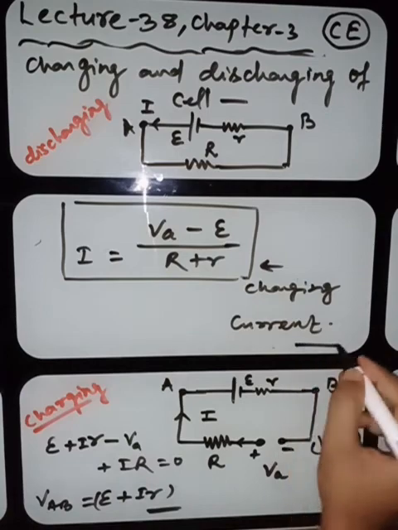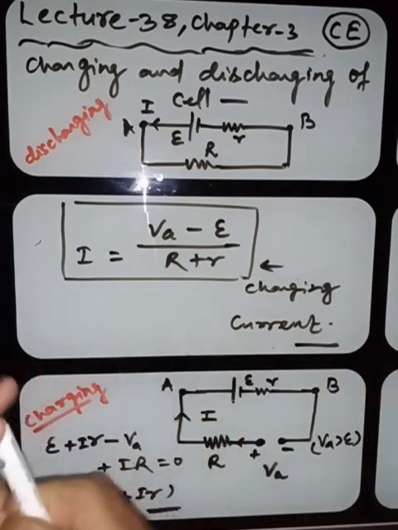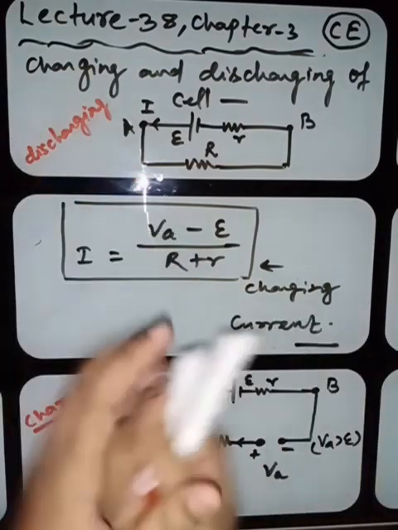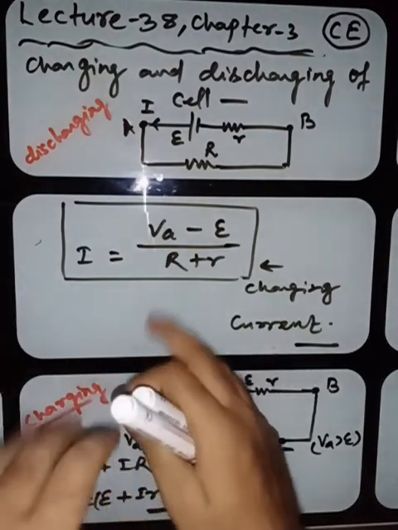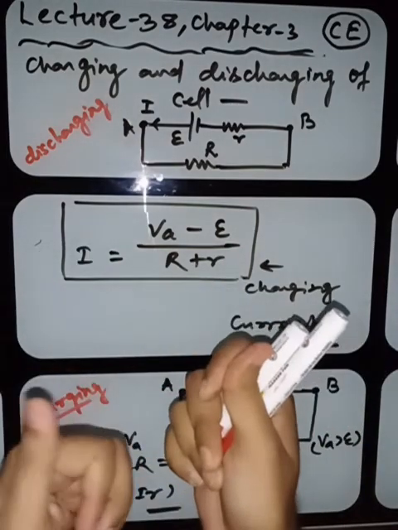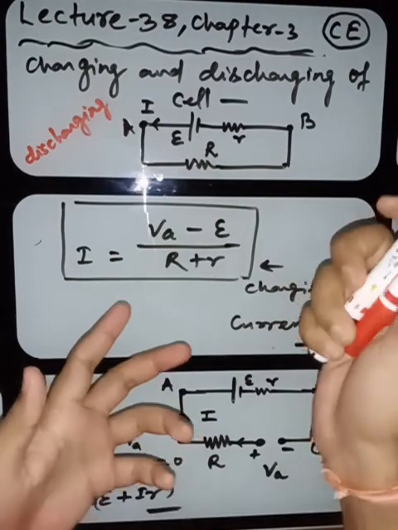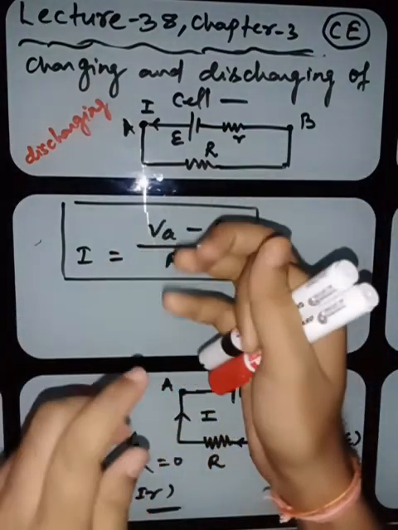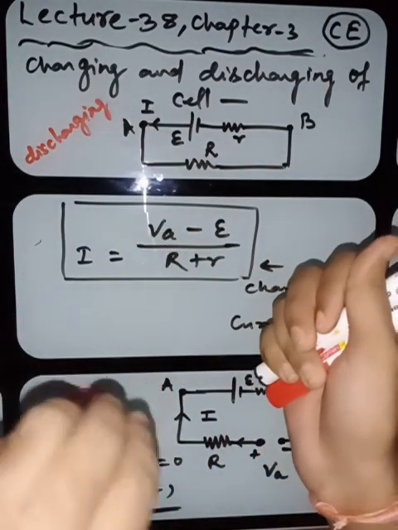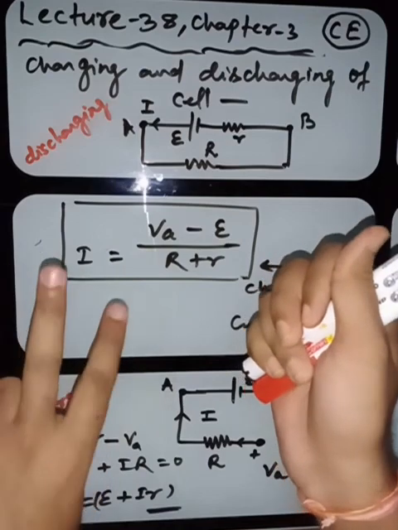Okay, genius. So we have discussed so far about the cell today, and we have studied the difference between EMF and potential difference. When the circuit is off, then EMF will be equal to the potential difference.